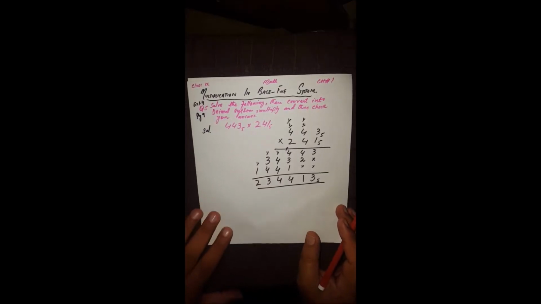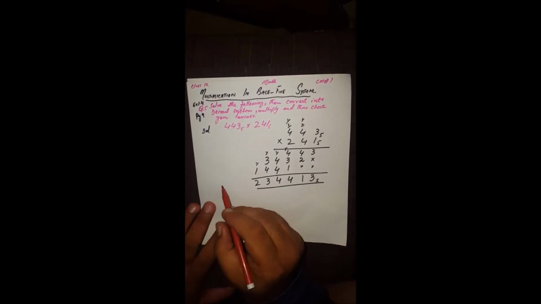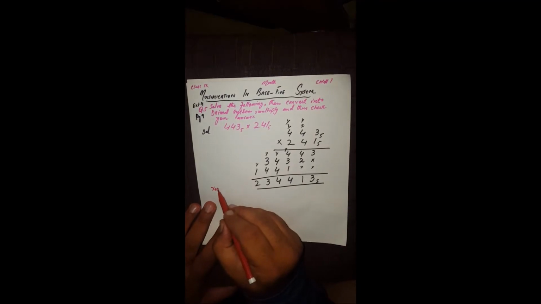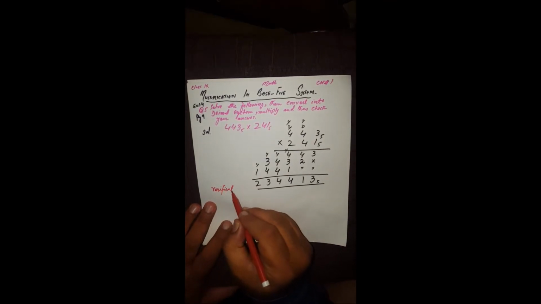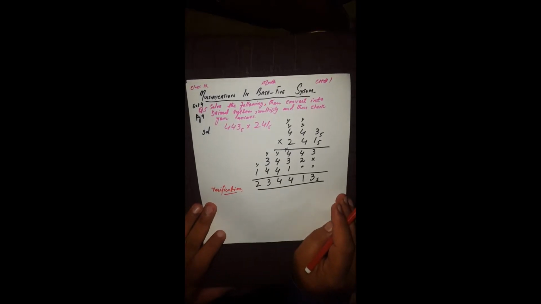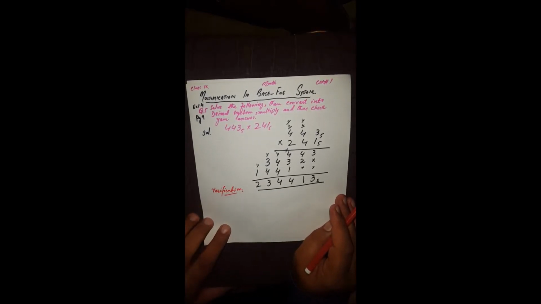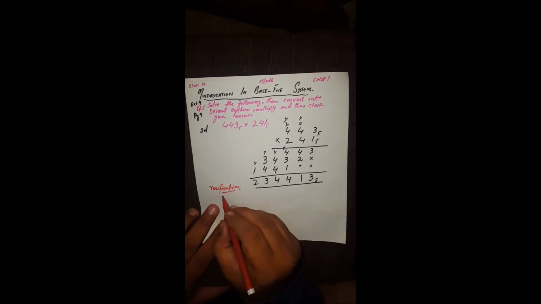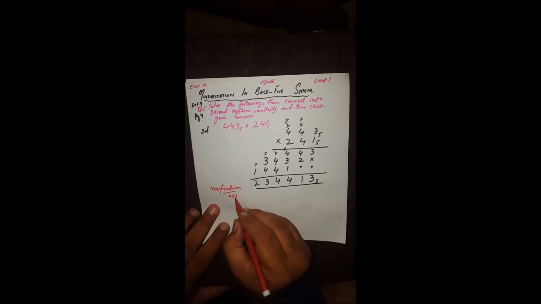Now we have to check. We have to verify the answer. Verification. First we convert the numbers in base 5 into decimal. First number is 443.